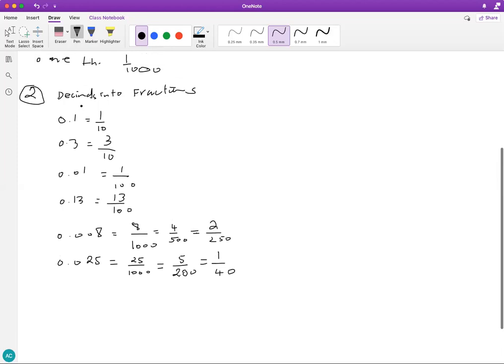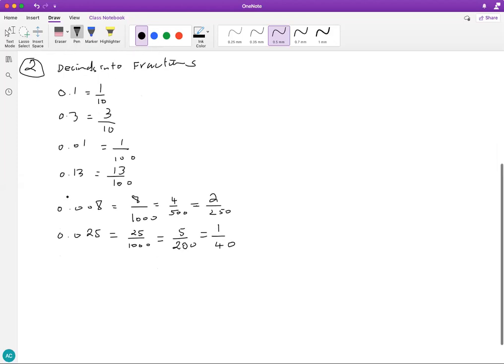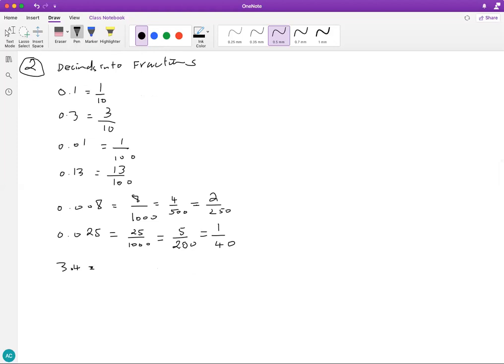So that's basically how you turn decimals into fractions. You may also have, let's say, 3.4. That's a decimal. How do you turn that decimal into a fraction? Basically, we're going to move the decimal to the right once. So this turns into 34.